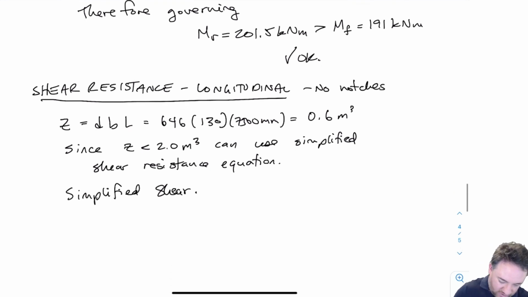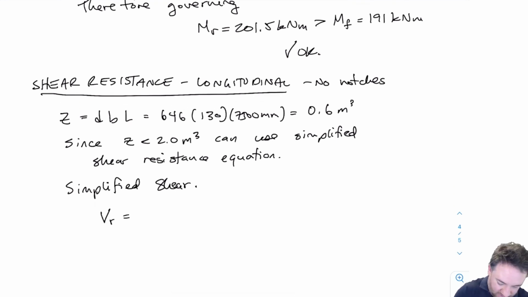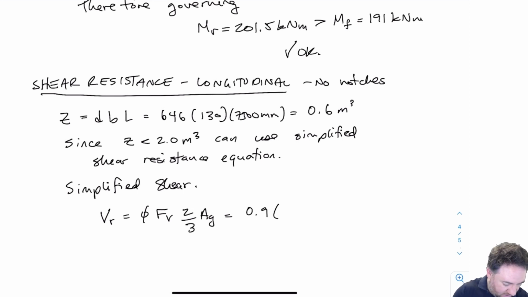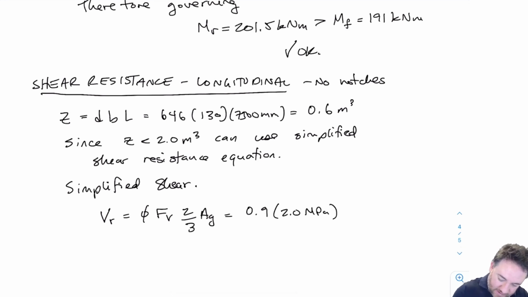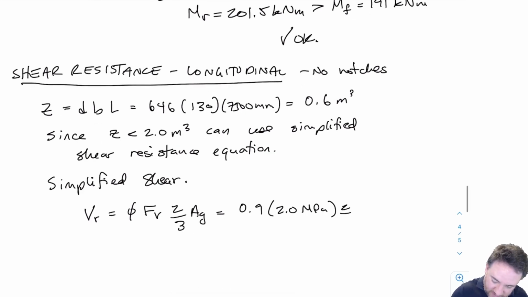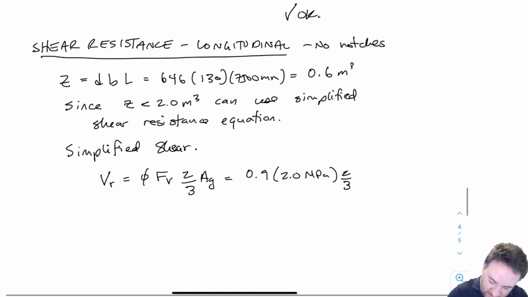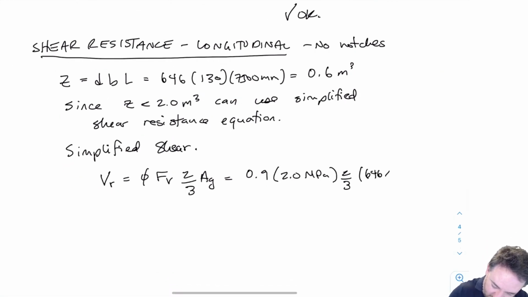You'll recall that this equation is just V_R = φ F_v (2/3) A_g for Glulam. We used A_n for lumber. This gives us 0.9 for φ. F_v was, I think, 2.0 MPa. And we had 2/3. And our A_g is just B times D, which is 646 times 130.